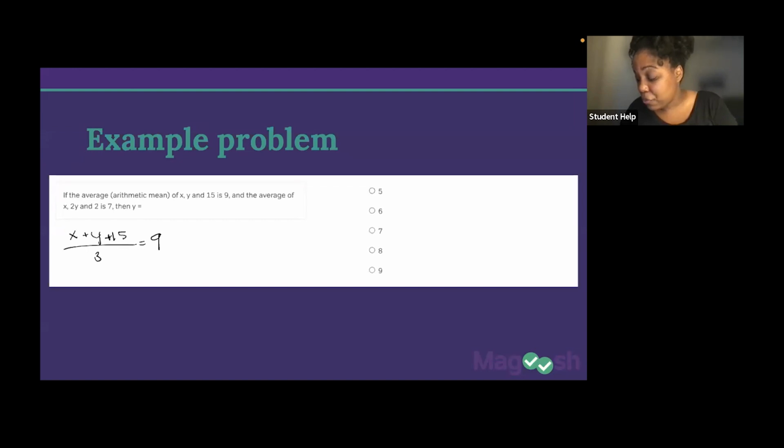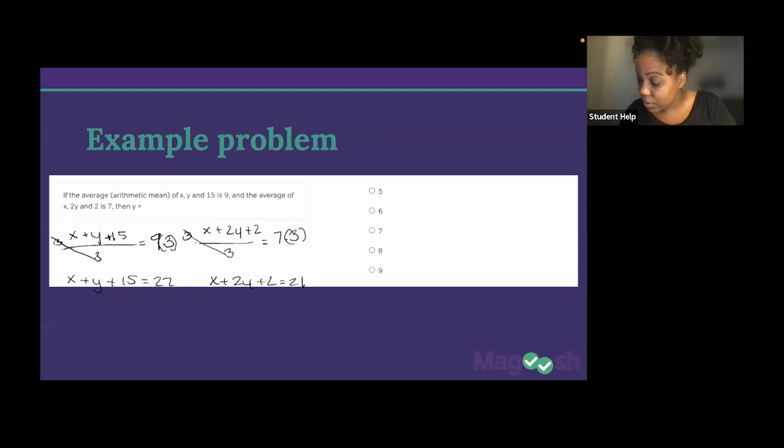All right. My other formula is x plus 2y plus 2, right? Divided by 3 equals 7. So now I can get some things eliminated. That gives me x plus y plus 15 equals 27, and x plus 2y plus 2 equals 21.